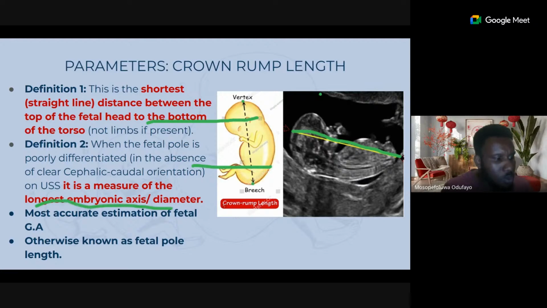So you rock your probe up until you get the longest axis. And then whatever you get as the longest axis at that moment is the CRL. It's the most accurate estimation of gestational age, and it's otherwise known as the fetal pole length.